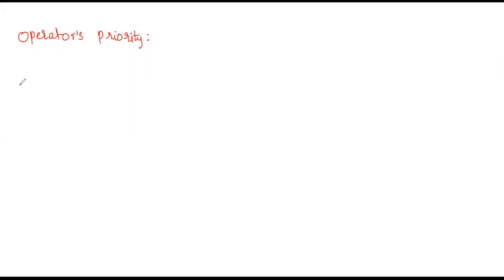For example, an expression is there: A dot B dot C bar plus A dot B bar. Like this, one expression is there. Here, what are the operators we are having?